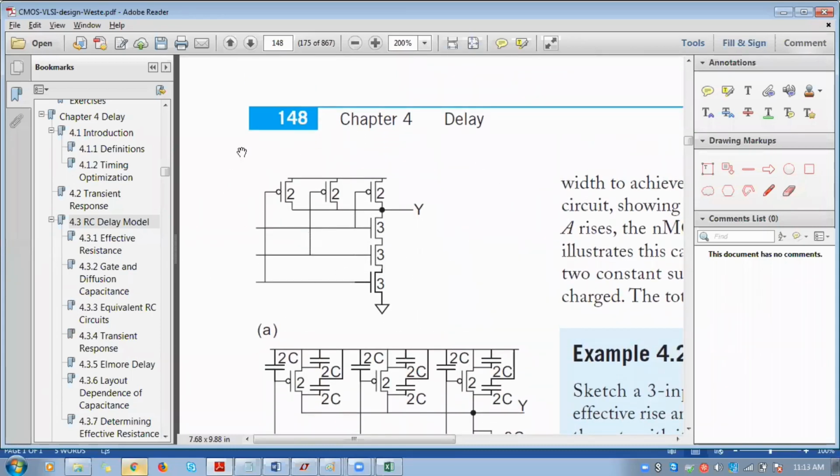Here they have shown a 3 input AND gate. In order to calculate the K value, we already know the base K value for NMOS and PMOS. Now we have to count the number of stages. If transistors are connected in parallel, we count it as a single stage.